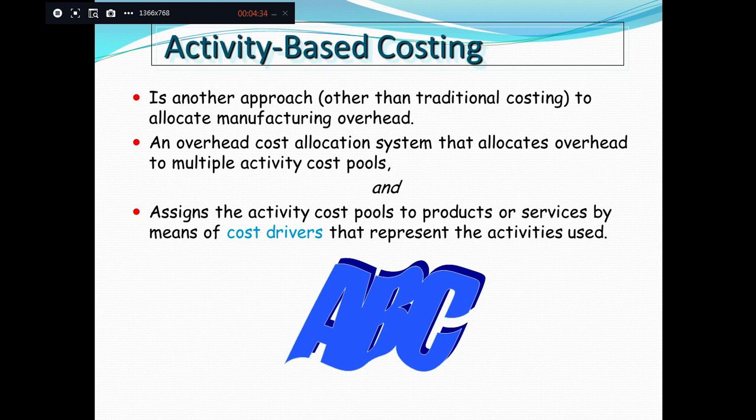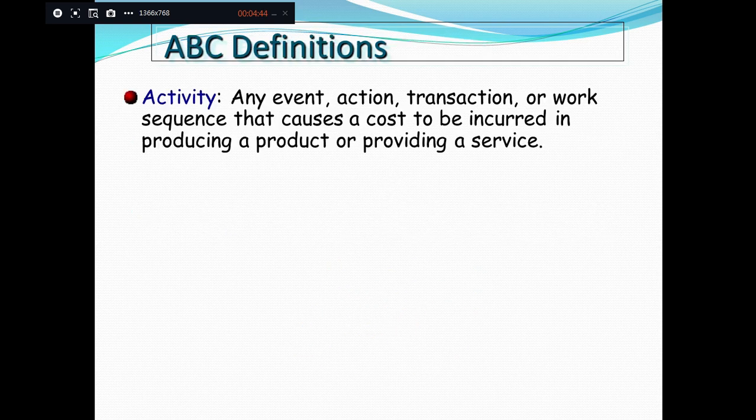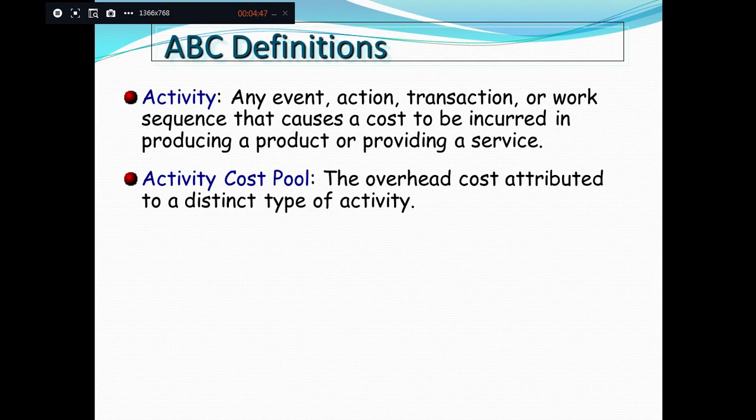So let us define some terms that we will use in the activity based costing method. The first one is activity, which is any event, action, transaction, or work sequence that causes a cost to be incurred in producing a product or providing a service. So this is known as activity or level of activity, something that may result in the consumption of cost.